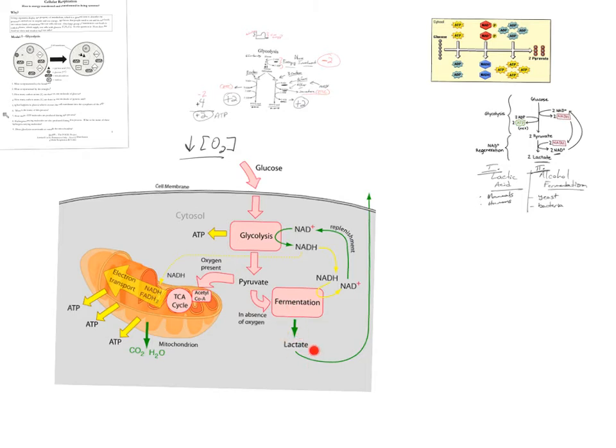So given those two options, the cell chooses to allow lactate to build up in the short term. Once you start increasing your breathing and oxygen intake, whether that means breathing harder or you stop exercising and sit down and relax, as the oxygen concentration goes up and you start doing the electron transport chain and the Krebs cycle, you convert that lactic acid back into pyruvate, and it enters the mitochondria, and you break it up into a lot of ATP, and the lactic acid level goes back down again.